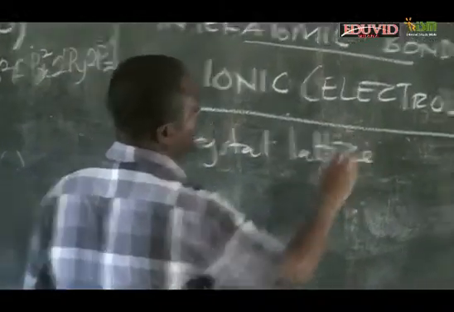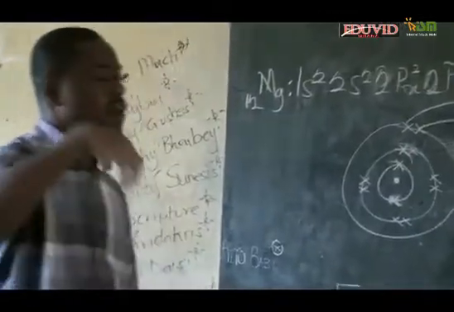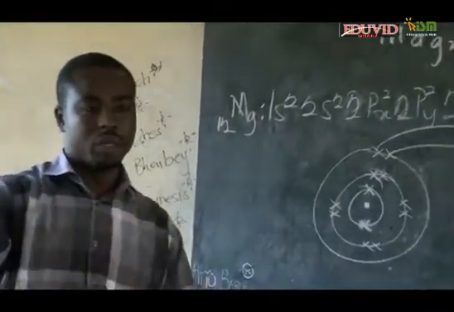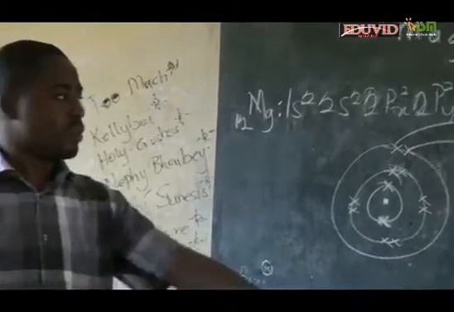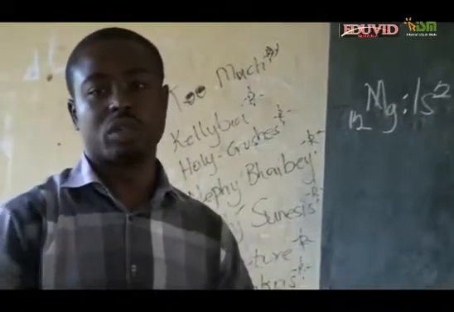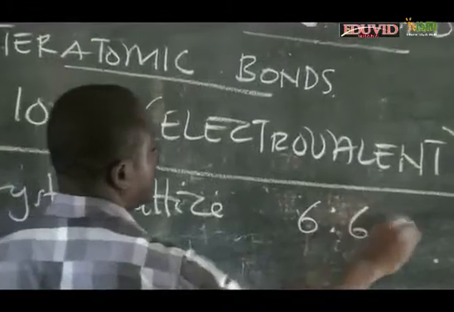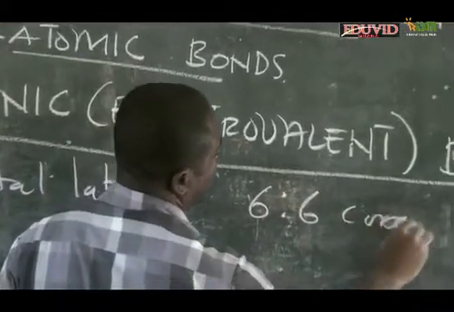In any ionic compound, let's say for example sodium chloride, if you have a sodium ion in the middle, you should have 6 chloride ions bonded to it, and we refer to that as a 6-6 coordination.